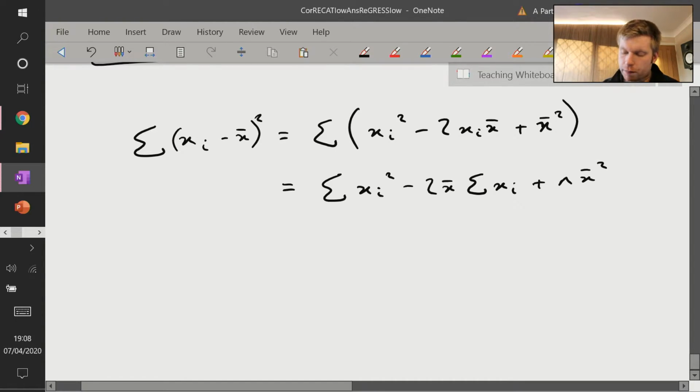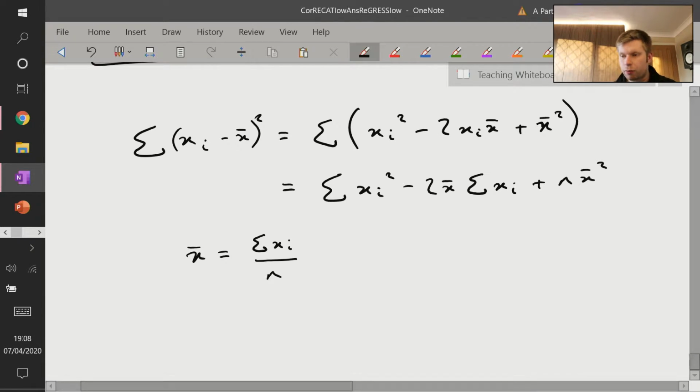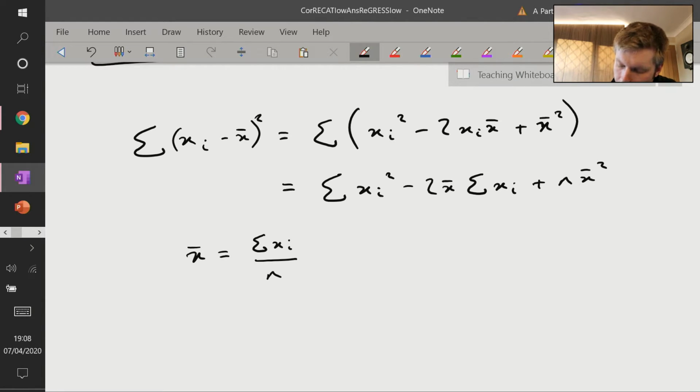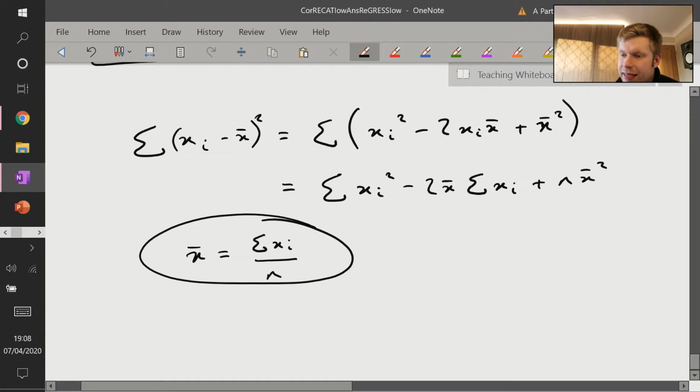But just watch. The magic happens when I remember what x bar is equal to. Because x bar is just simply the sum of each independent variable divided by the number of independent variables I've got. So the sum of x divided by n. Okay, so add them all together, divide them by n. So if I replace x bar with this, then what do I get? Well, I haven't changed the first term because there's no x bar there, so I keep that the same. But have a look at the next term.